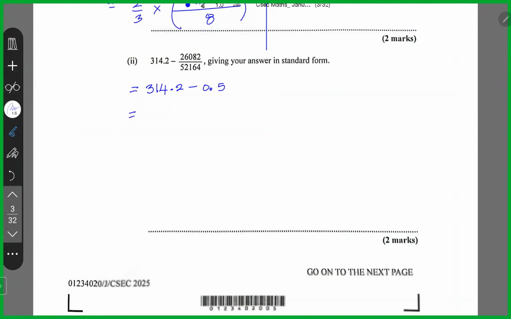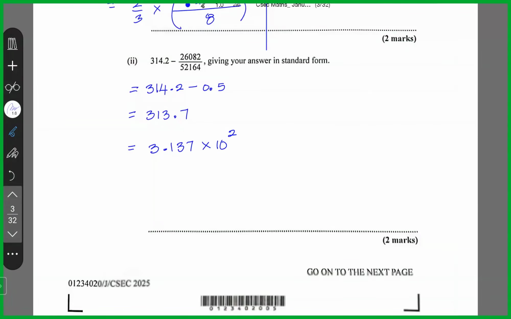If we subtract, we're going to get 313.7. In standard form, this is 3.137 times 10 squared. Whenever you write a number in standard form, the decimal point must come immediately after the first significant figure.